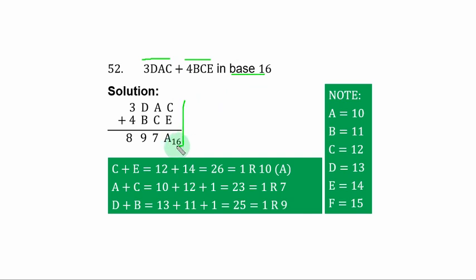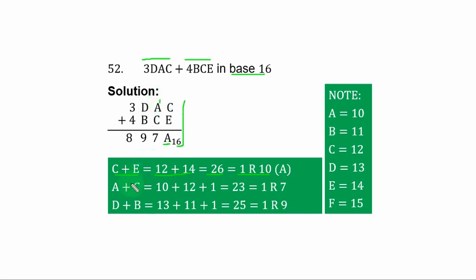So from the first column, from right, you have C plus E, that is 12 plus 14 equal to 26. Divide by 16, 1 remainder 10, that is 1 remainder A. You put down A, you take the 1 forward.